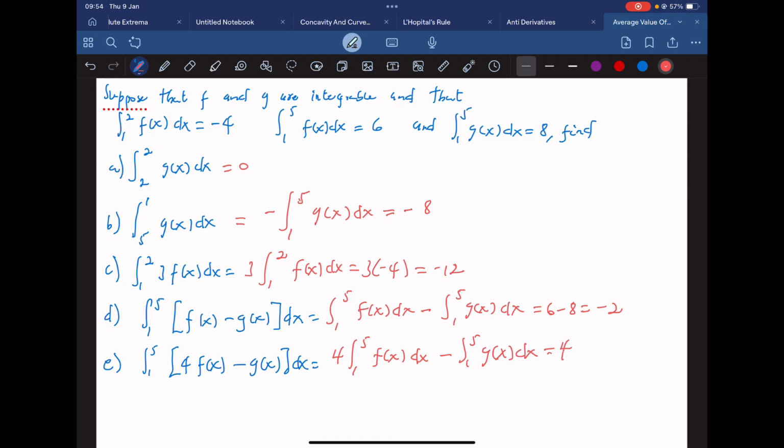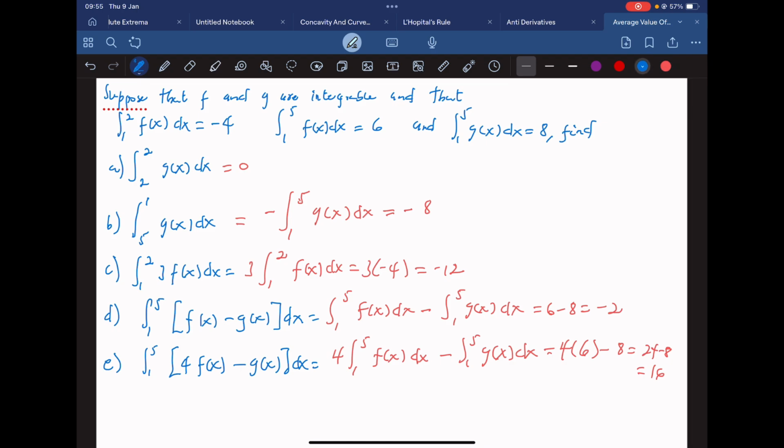So we have 4 multiplying now. 1 to 5 of f of x was given to be 6. So we have 6 here, then minus the g of x, which is 8. So in this case, 4 by 6, we know to be 24 minus 8. So this simplifies to positive 16.